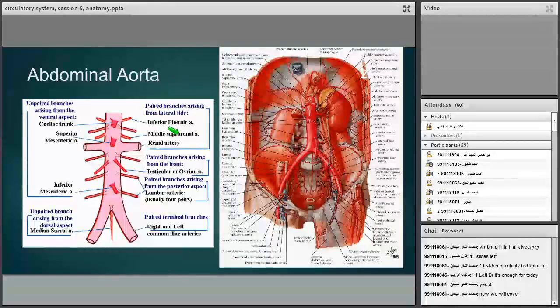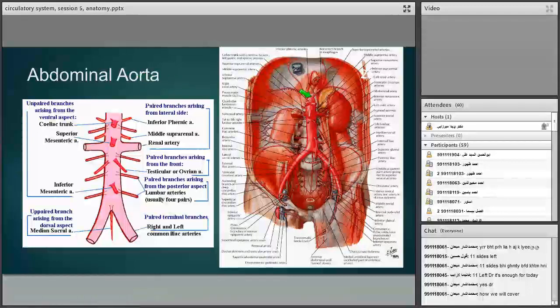Now let's talk about the abdominal aorta. When the aorta is passing through the hiatus of the diaphragm at the level of T12, the 12th thoracic vertebra, its name would be the abdominal aorta.